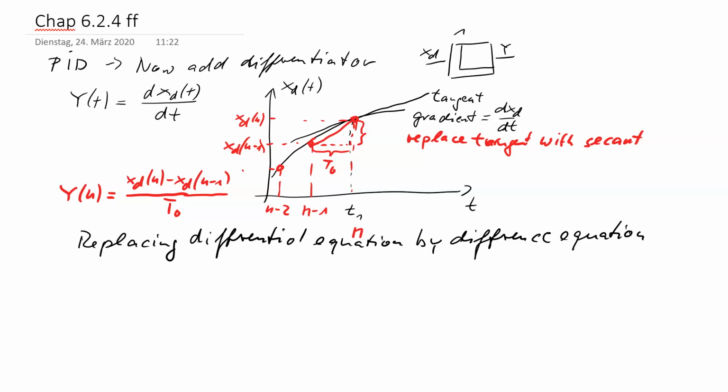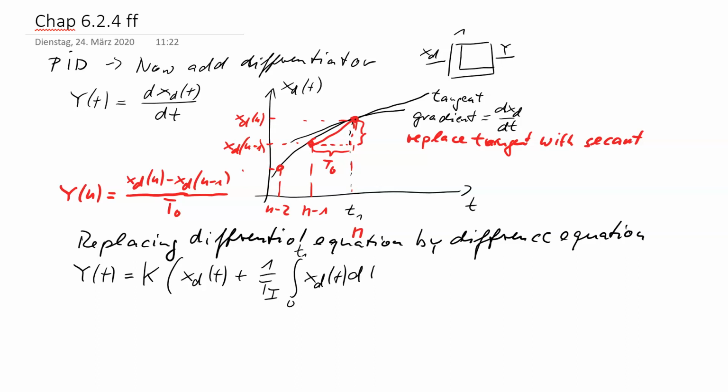Okay, let's look at what happens now in our situation with the PID controller. Back to our PID controller, we get the following equation. Note y of t of my PID is k times, now the P part is coming, xd of t, plus the integral part is coming, 1 over Ti integration from 0 to actual time, xd of t.